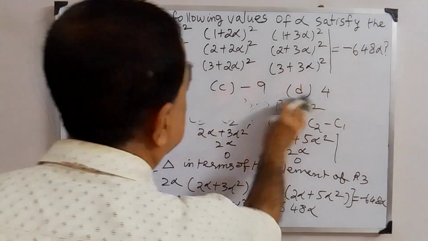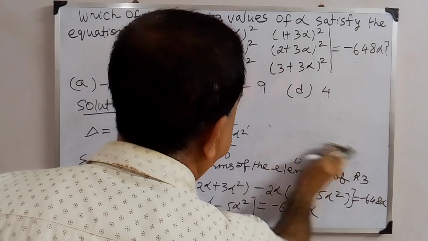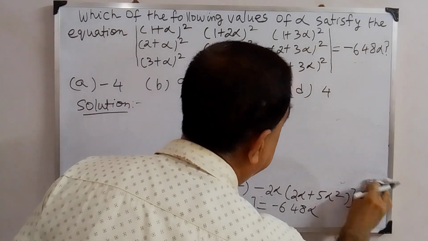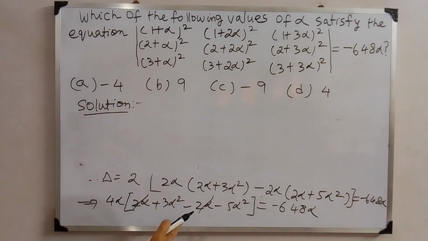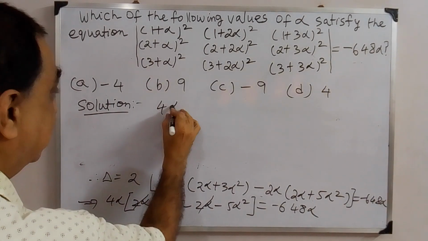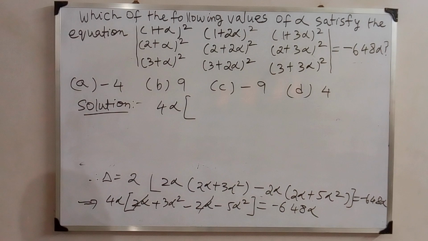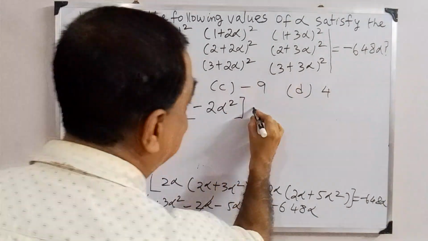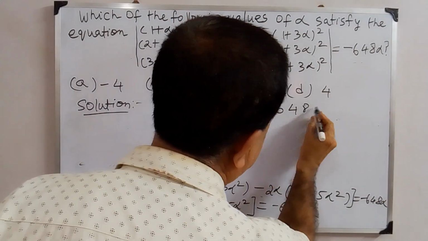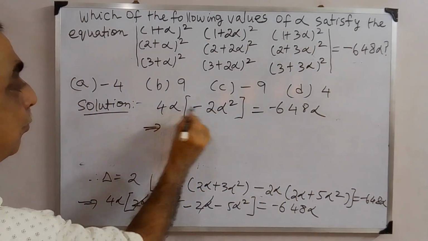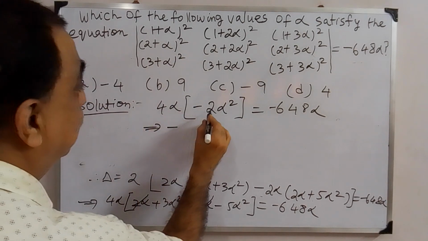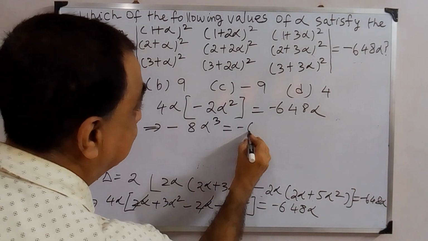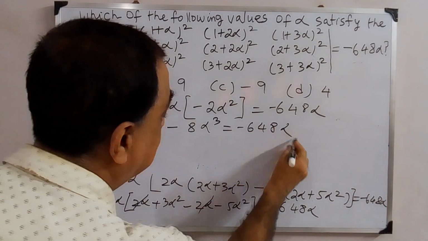We are getting 4 alpha into 3 alpha squared minus 5 alpha squared, so that is minus 2 alpha squared, equals minus 648 alpha. Plus into minus becomes minus. So 4 into 2 is 8, alpha into alpha squared becomes alpha cubed. This is minus 648 alpha.